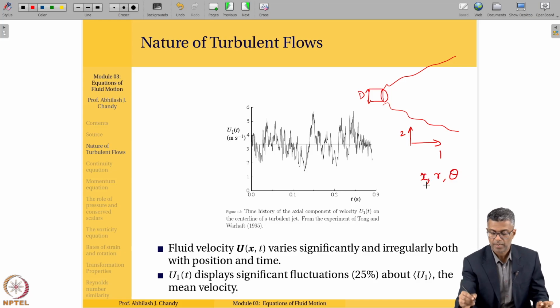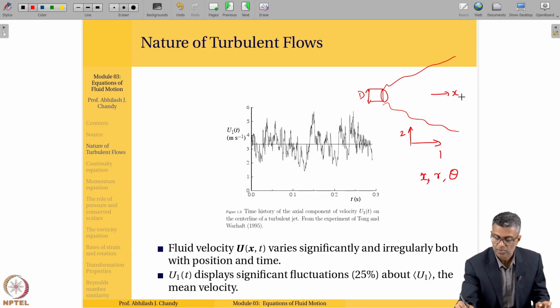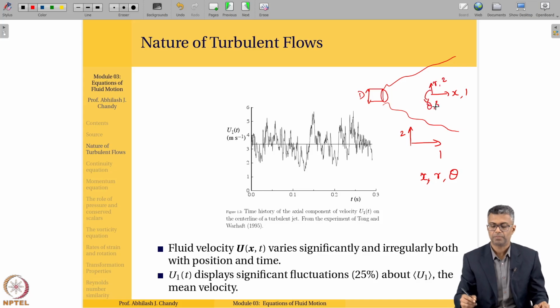Those are the directions, right? So this is the direction X or 1, and the radial direction is R or 2, and the azimuthal direction is theta or 3. Got it?